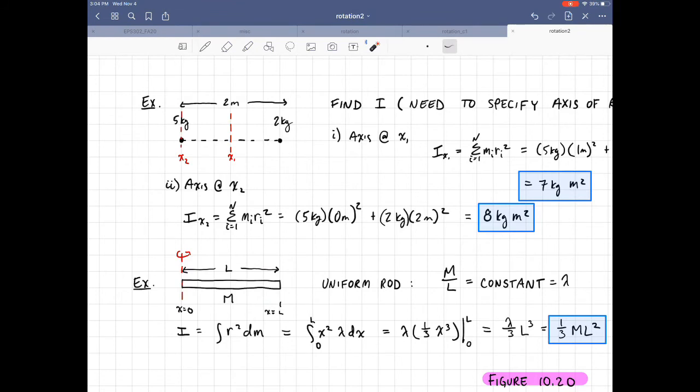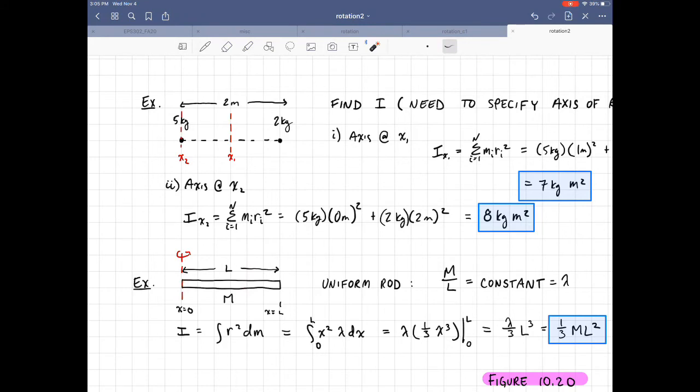Now, this is a uniform rod, which means that the ratio of M over L, so if I took any chunk of the rod, let's say this much of it, then if I took the ratio of how much mass was contained there divided by the length that was there, I would always get the same value no matter how much of the rod I took a chunk of.